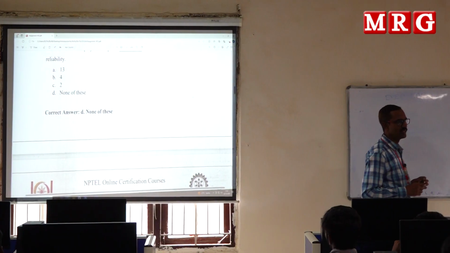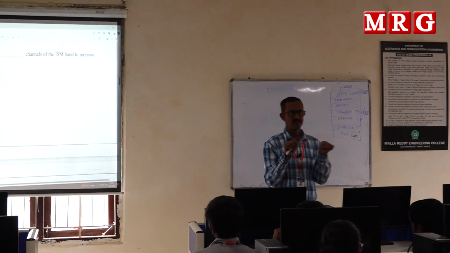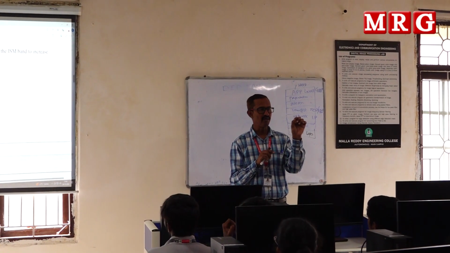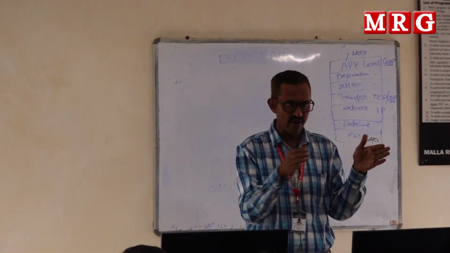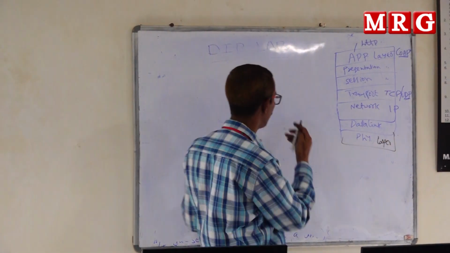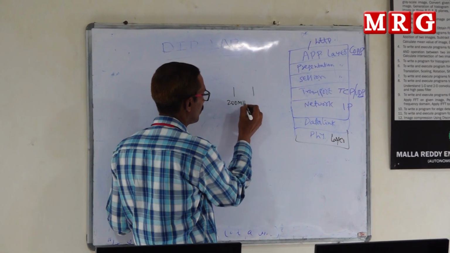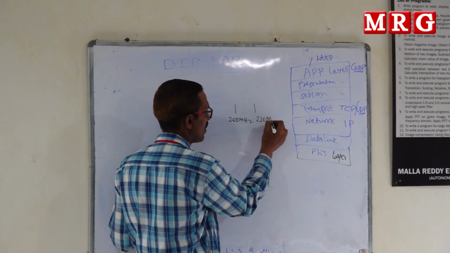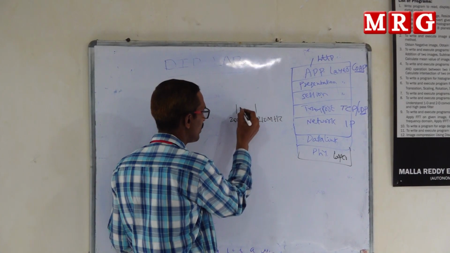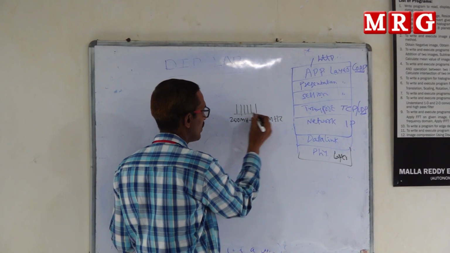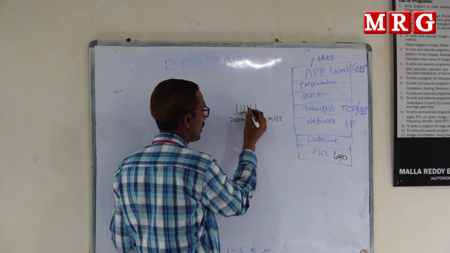In communications, we have specific frequency bands, like 2.4 gigahertz, which are divided into channels. Suppose there is a small band from 200 megahertz to 210 megahertz, and it is divided into smaller bands like this. They are called channels.